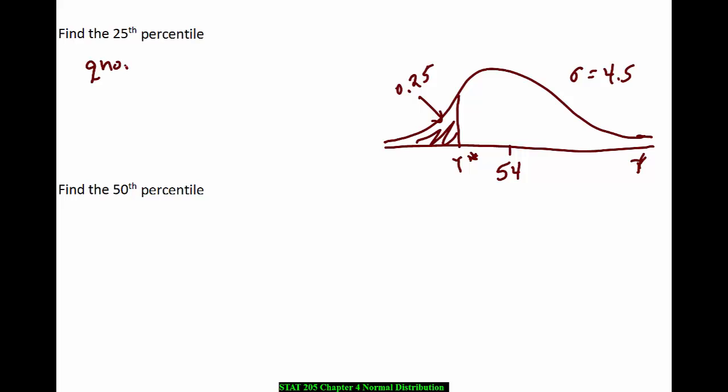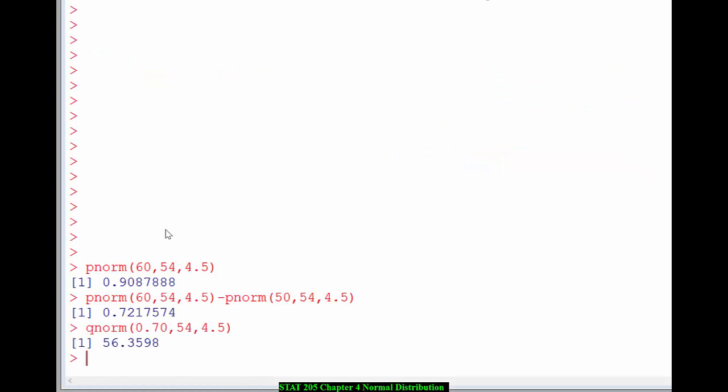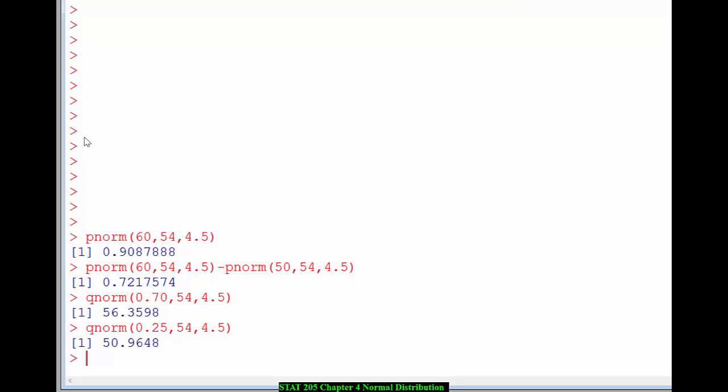So again, to get a percentile, we're going to use the qnorm function. We want the value that has 25% below it in the normal distribution with a mean of 54 and a standard deviation of 4.5. And so we'll go ahead and type this in. I'm just going to arrow up and change my percent to 0.25, and I'm getting 50.96.